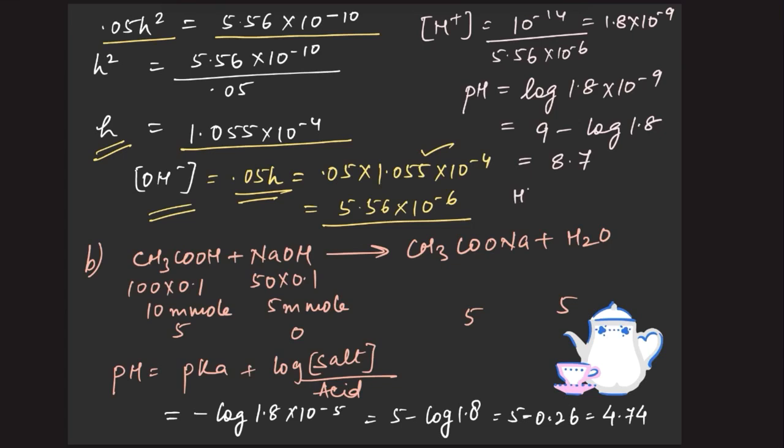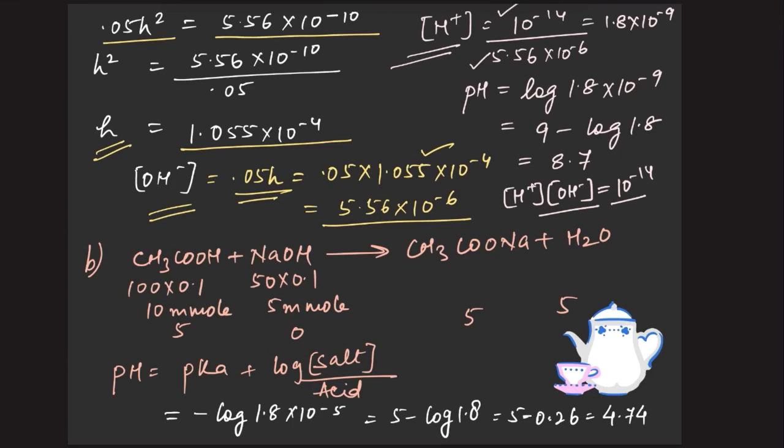Now H plus into OH minus ion concentration, what is it? H plus into OH minus ion concentration is 10 to the power minus 14. So here the OH minus ion concentration is known, and the product of H plus and OH minus ion concentration is known. So H plus ion concentration will be equal to 10 to the power minus 14 divided by the concentration of OH minus ion.